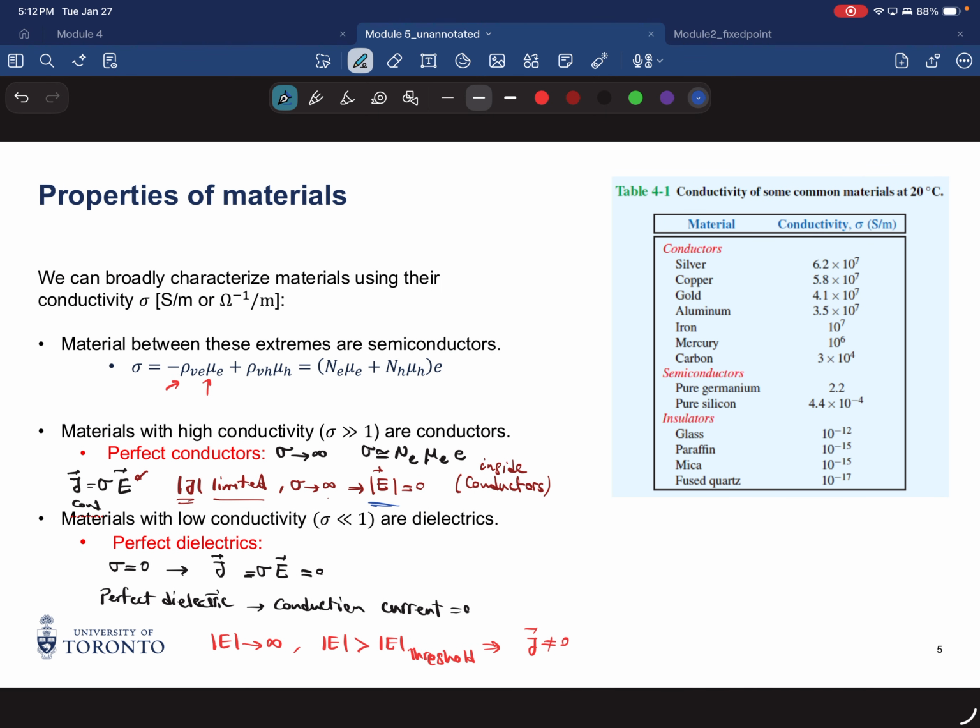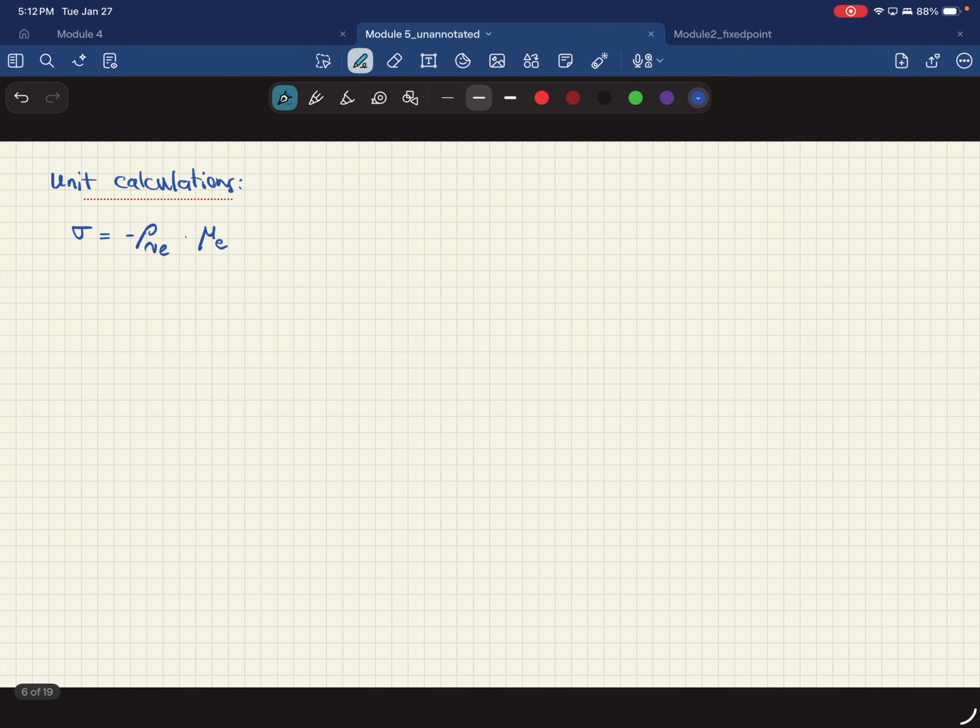We said that because for a perfect conductor, we have considerably more electrons, so we can just assume that this is our case. And then this is equal to N E mu E.